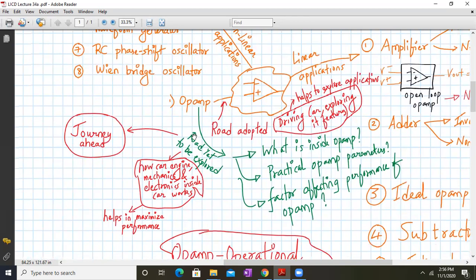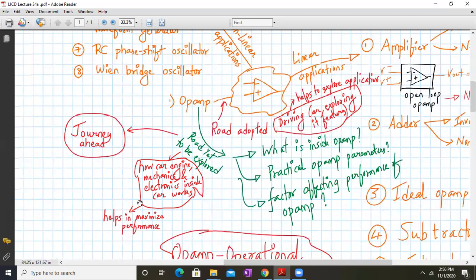Now, the road which was yet to be explored is to learn what's inside the op-amp, what the practical op-amp parameters are, and what practical factors affect the performance of an op-amp. Just like in the car analogy, we have learned so far how to drive a car.